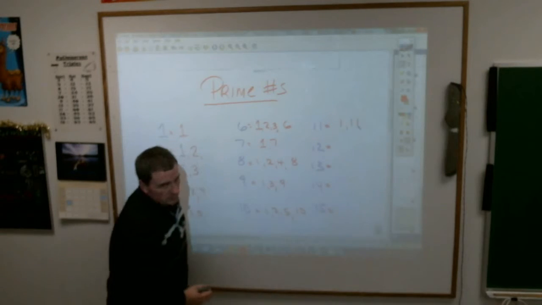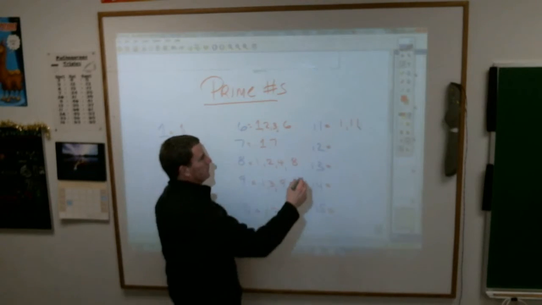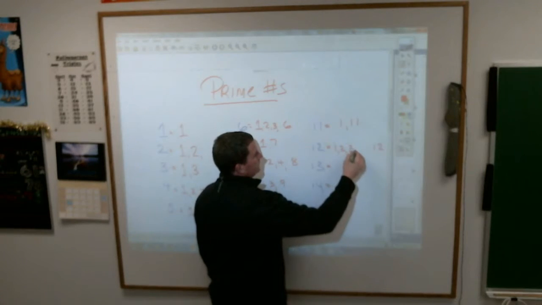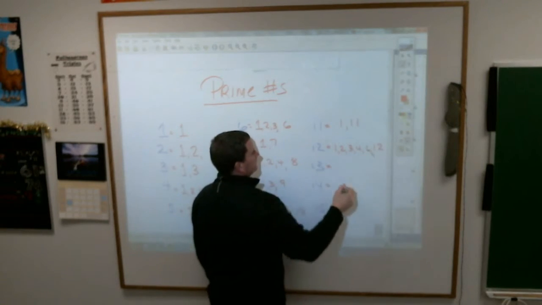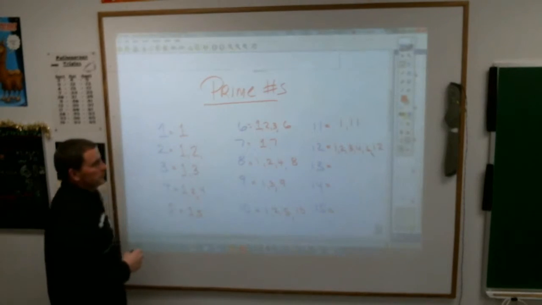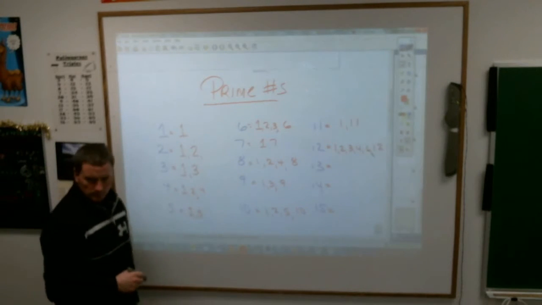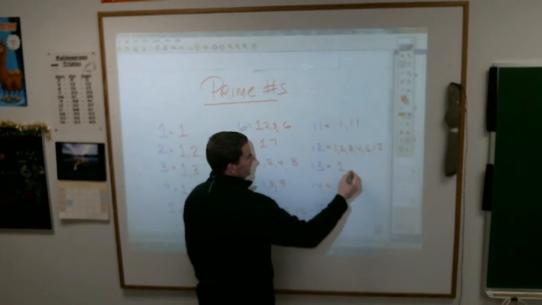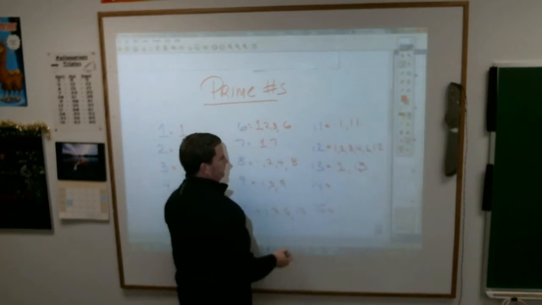Factors of 12? Well, it's got a few. 1, 2, 3, 4, 6, 12. Factors of 13? 1 and 13.